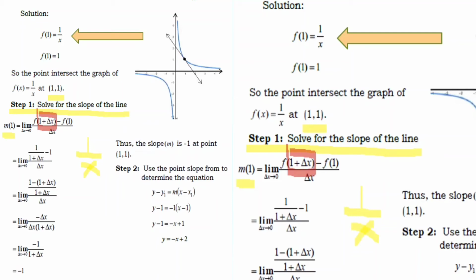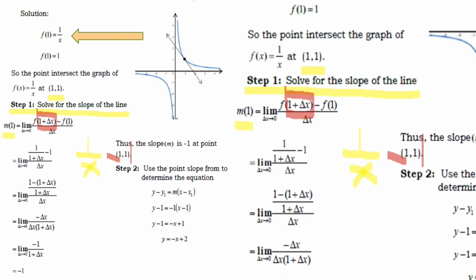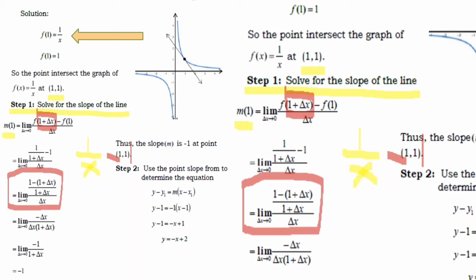That becomes 1 over 1 plus change of x, minus 1, all over change of x. Next, simplify: 1 minus the quantity 1 plus change of x, over 1 plus change of x, over change of x.